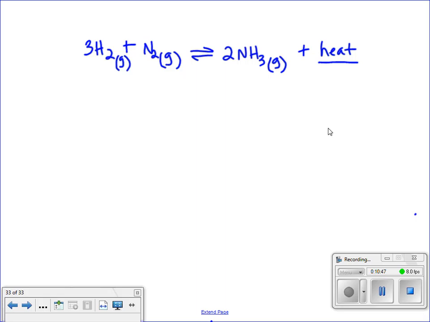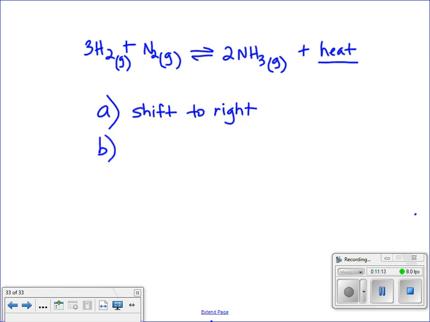So we're doing question number 44. Letter A, how does an increase in pressure affect this reaction? Okay, well that will affect this reaction by shifting to the right. Okay, so equilibrium will shift to the right because increasing pressure, it's going to shift to the side with the fewest number of moles, which is the product side.